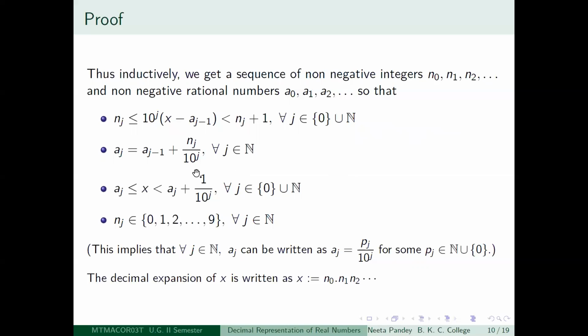So take the common denominator 10 to the power j, you will get something as a numerator. That something will be either 0 or a positive integer. Okay, and the decimal expansion is written like this.